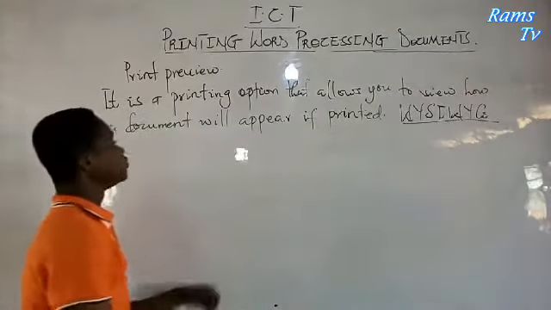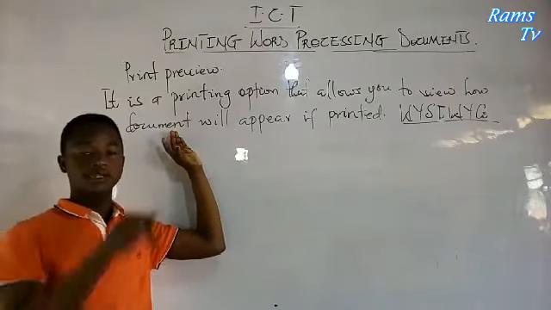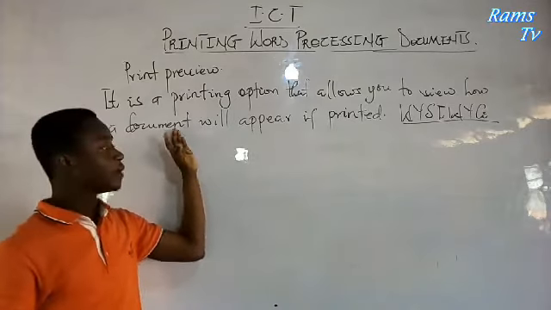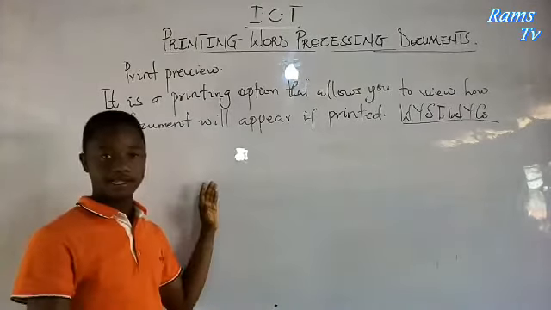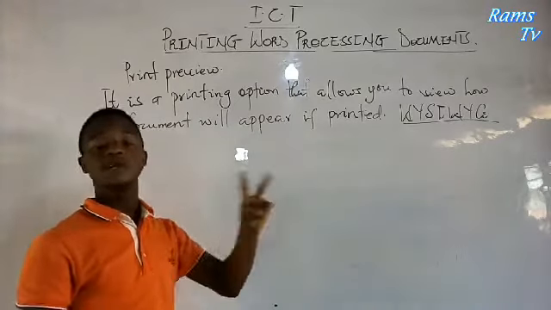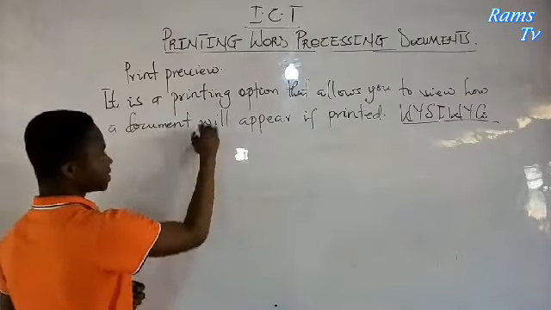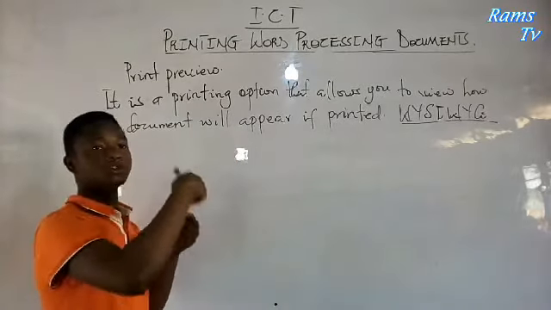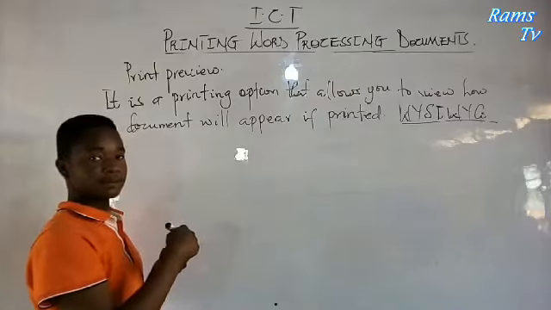As you are done, you should know how to print preview your document before you print your document. Under Word processing 2013 or 2007, there are two printing options provided. The first one is what we are talking about, which is the print preview. So now you should know the steps to print preview a document.